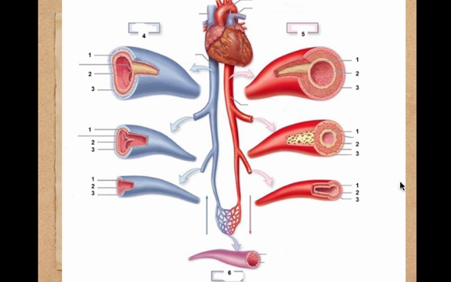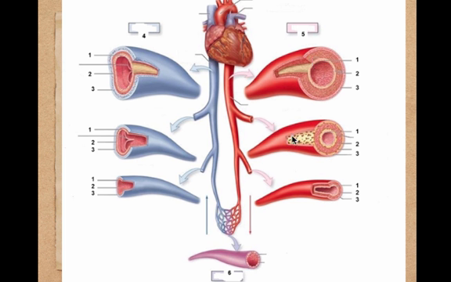Okay, this picture kind of wraps together the two previous slides. We can see the path of blood, so from the heart, blood will be traveling through large arteries that have these three layers. Notice that in the largest arteries we have a thick tunica media. The walls of these vessels are very strong and stretchy to account for all of the pressure in the blood that's leaving the heart.